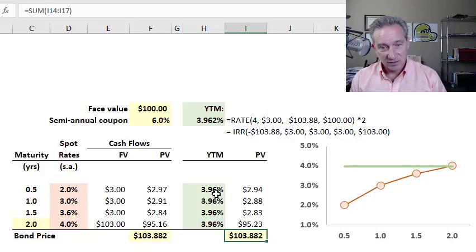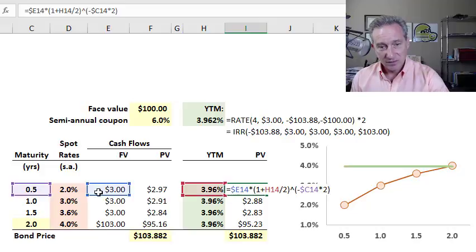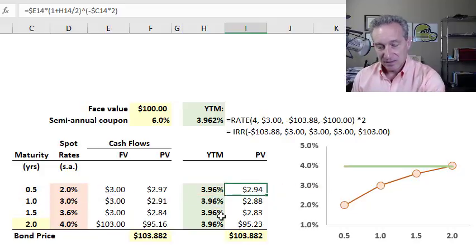But the difference is, whereas over here I discounted the future cash flows at the 0 or spot rates, over here I'm discounting the same future value cash flows, but at the yield, which is the same for each cash flow, right? Over here, each discount factor effectively is different because the spot rates are different.